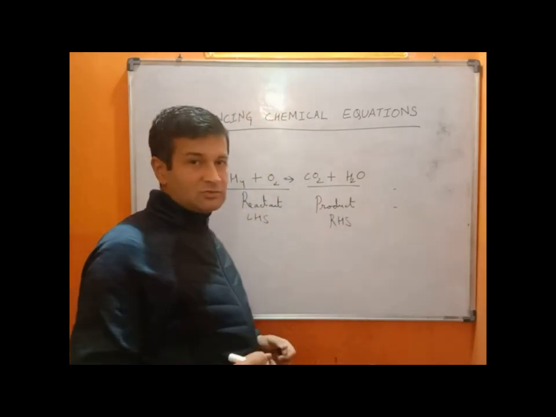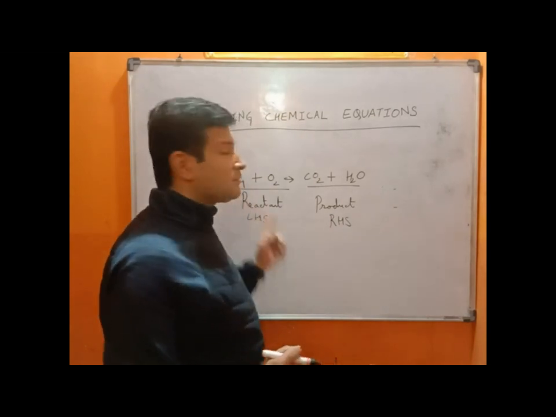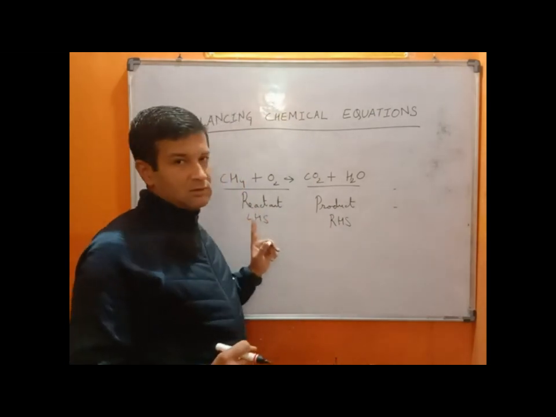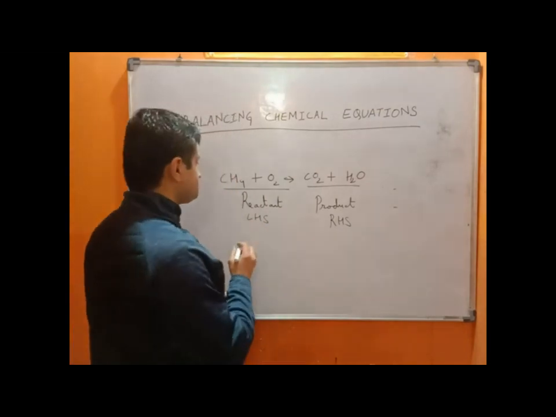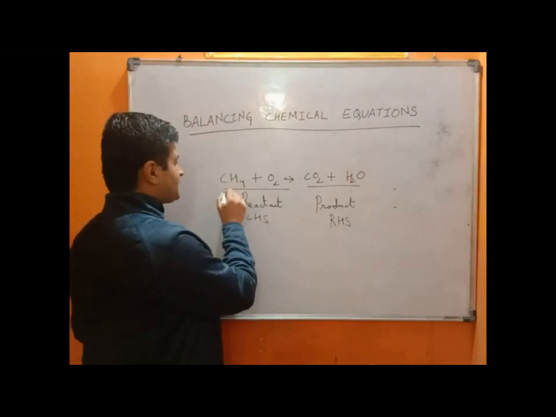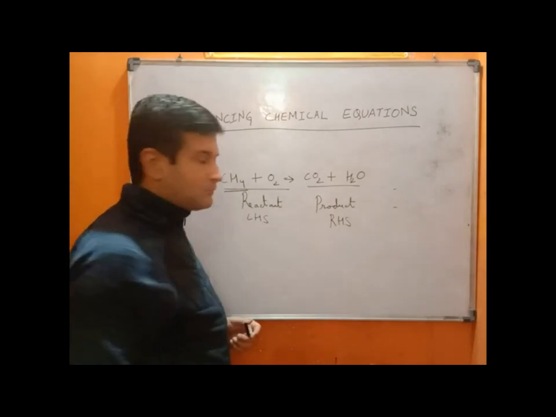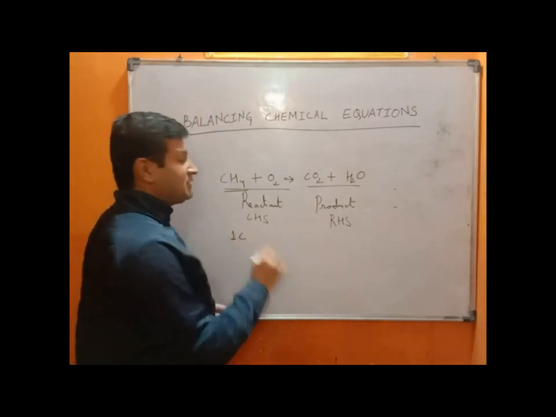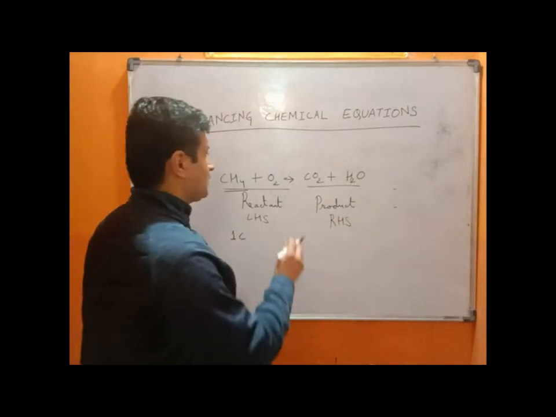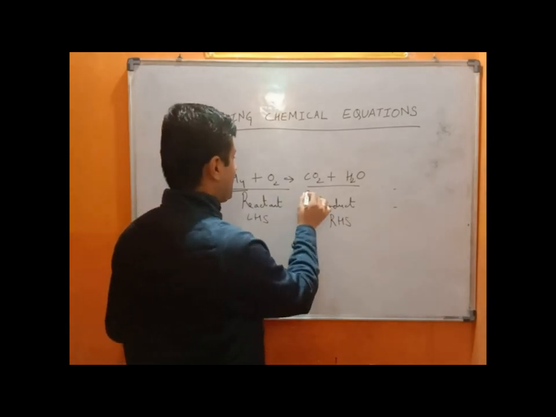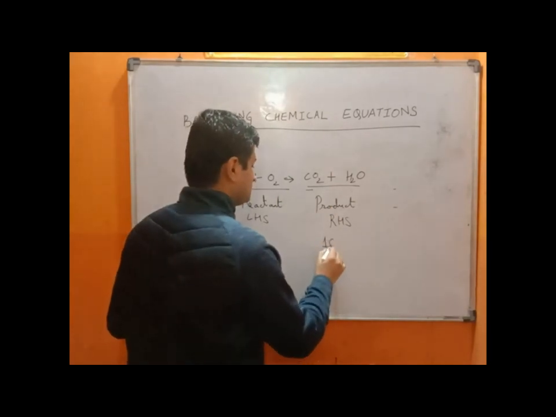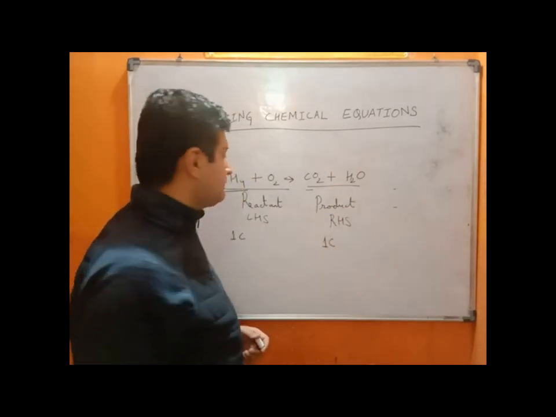Now we'll see whether the number of atoms is equal or not. We have selected methane, and in methane you have 1 carbon atom. Over here on the product side you have 1 carbon atom, so it is equal.